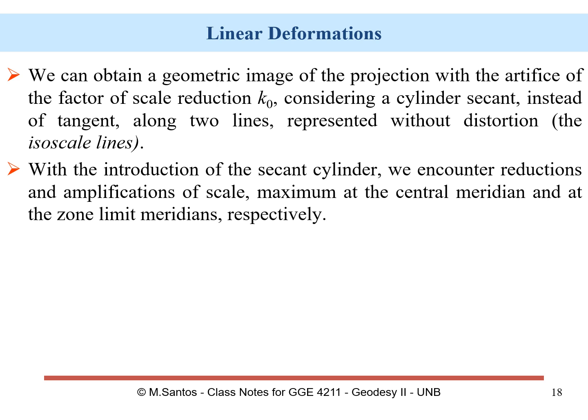And the maximum value of the scale factor is going to be at the very limit of the zone, and the smallest scale factor is going to be at the central meridian.